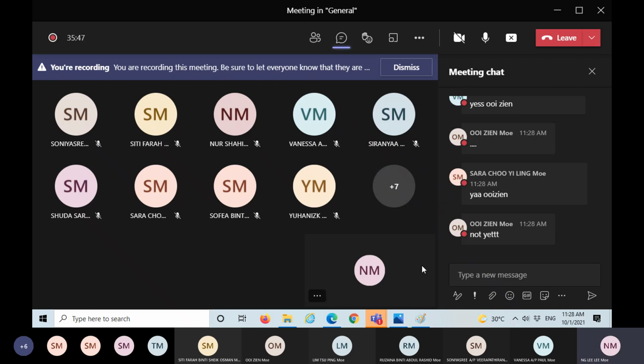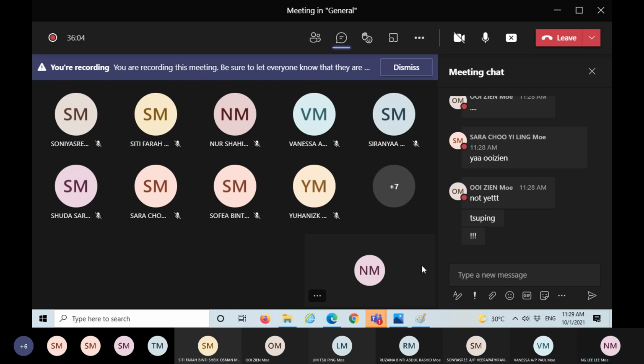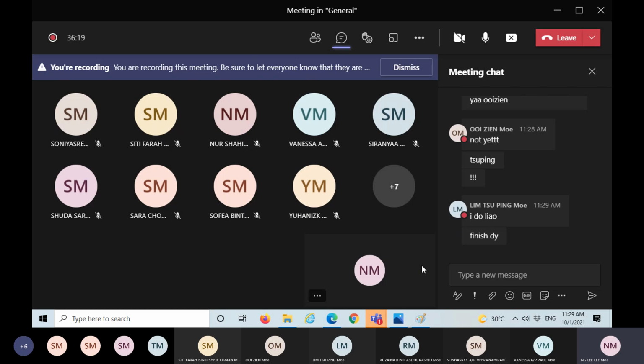Who else is more hardworking than Wei Jian in this exercise? Like Su Ping, Wei Jian recommends you. Did you finish or not, Su Ping? Finished already, only Su Ping finished?